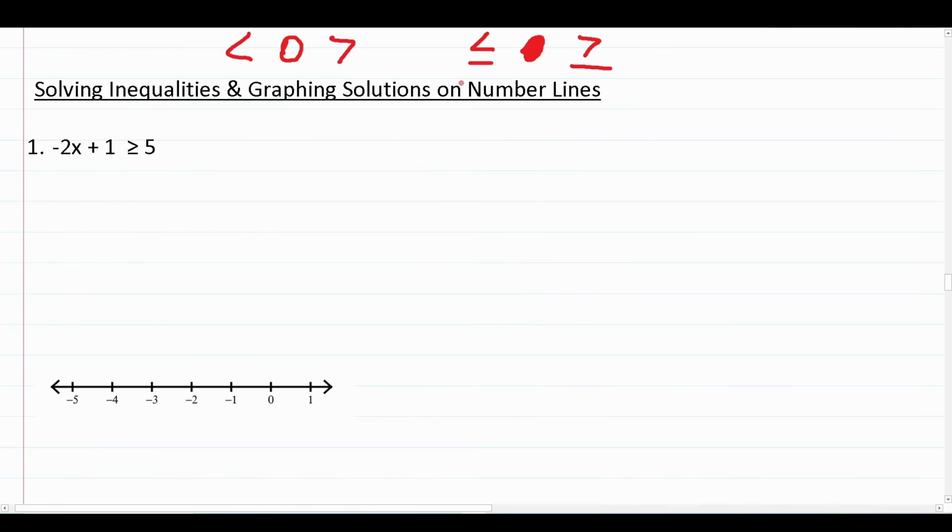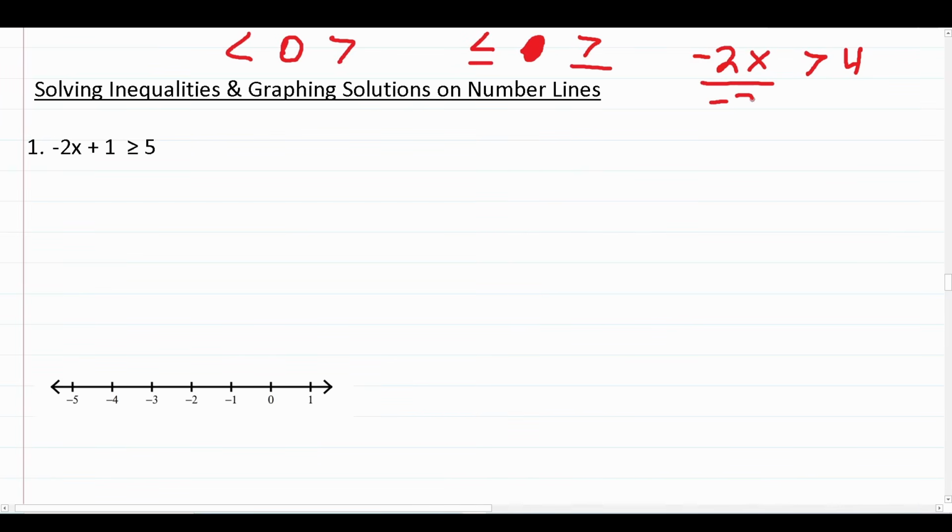All right. I also want to mention this before we look at this first example. Whenever you multiply or divide across the inequality sign by a negative value, that's going to prompt you to change the direction of the inequality sign. All right, so let's take a look at a very simple example of that. We have -2x is greater than 4. All right, so we're going to be solving for x.